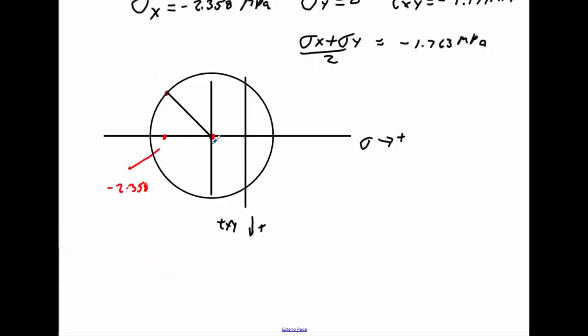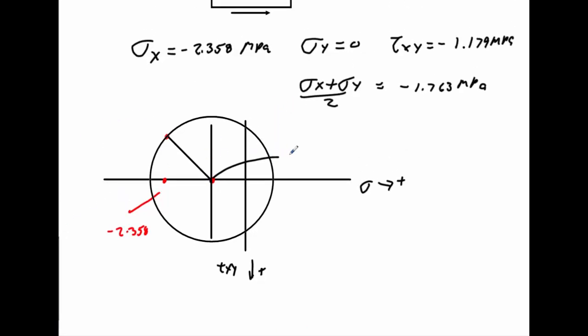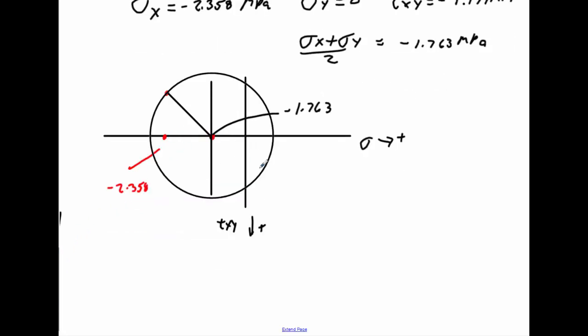Right there, and now to get our radius. Our radius is going to be using basically Pythagorean theorem here. We know from this distance to this distance, and again we need to label that so we don't make a mistake here. That's going to be negative 1.763. So our radius in our circle here would be this distance squared, which will be negative 2.358 minus this one, because it's going to give me this distance here.